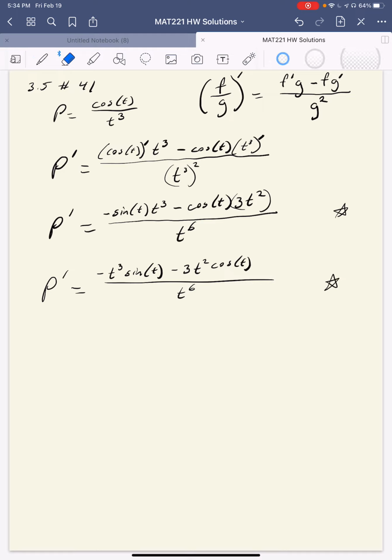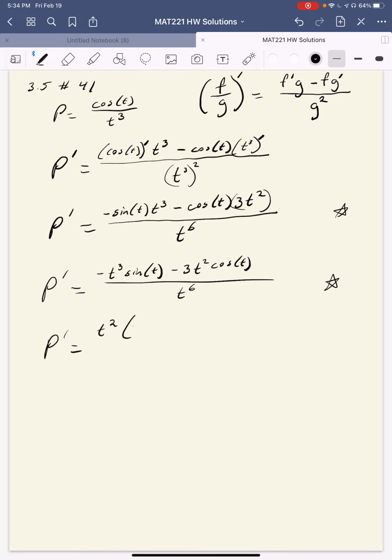All right, then finally, I would like to simplify this a little bit more because I see that in my numerator, both terms have a t that I can factor out. And so I'm going to do that. p prime is, and they actually both have a t squared that I can factor out.